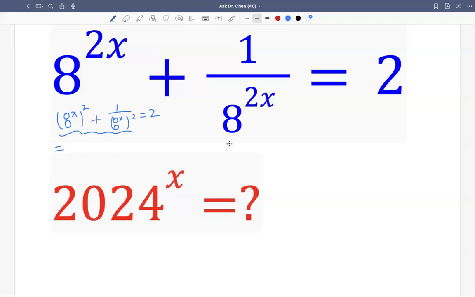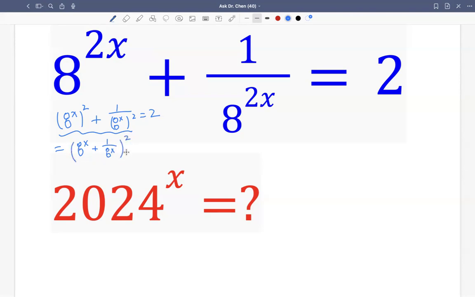Let's write it as a square term. So we have a raised by x plus 1 over a raised by x squared.